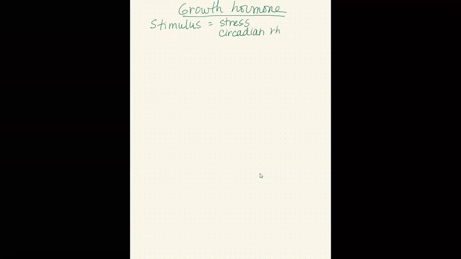Now the last hormone I have to talk about is growth hormone. Growth hormone is another one of those things that changes everything in your body. It's systemic. The stimulus for it to be released is once again stress, circadian rhythm, so your sleep cycle, and then how many fuel molecules you have.